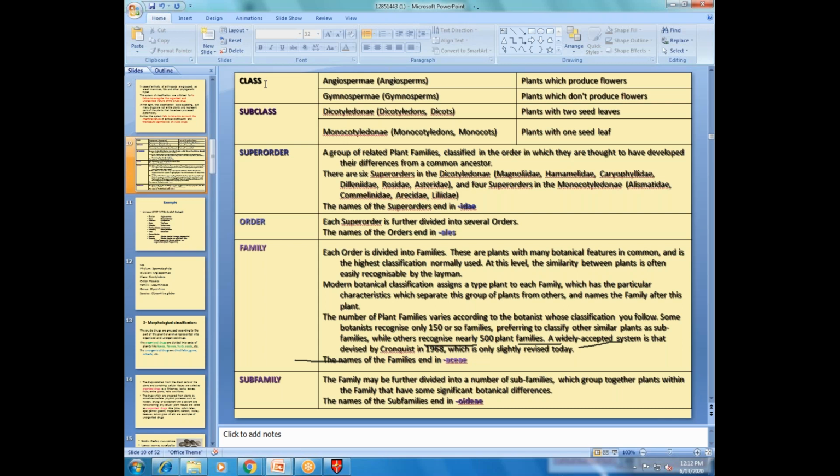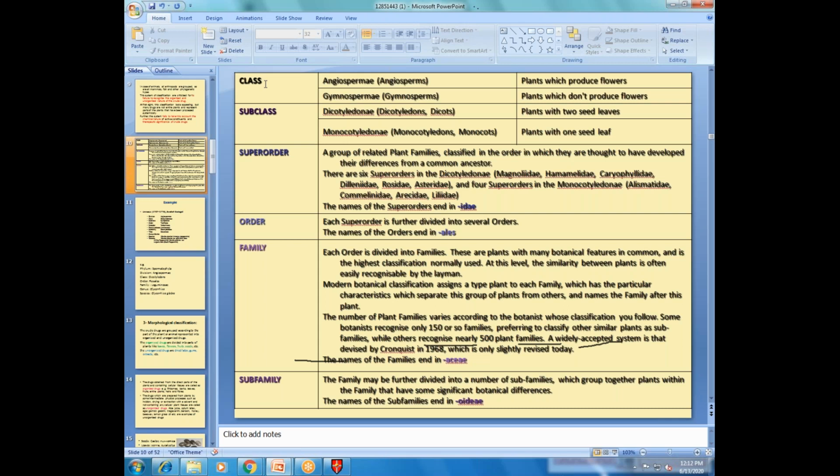The names of superorders usually end with -idae, like Hamamelididae, Caryophyllidae. That is not of much importance in pharmacognosy. After superorder comes order; each superorder is further divided into several orders, usually ending with -ales.